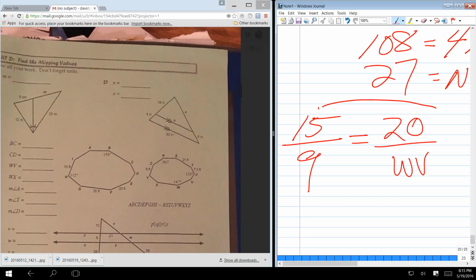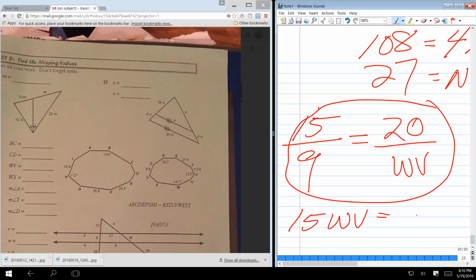Now notice that we do have to cross multiply, because my unknown is in the denominator. So to get it in the numerator, I have to do this. Now divide both sides by 15, and I get 12 for an answer.